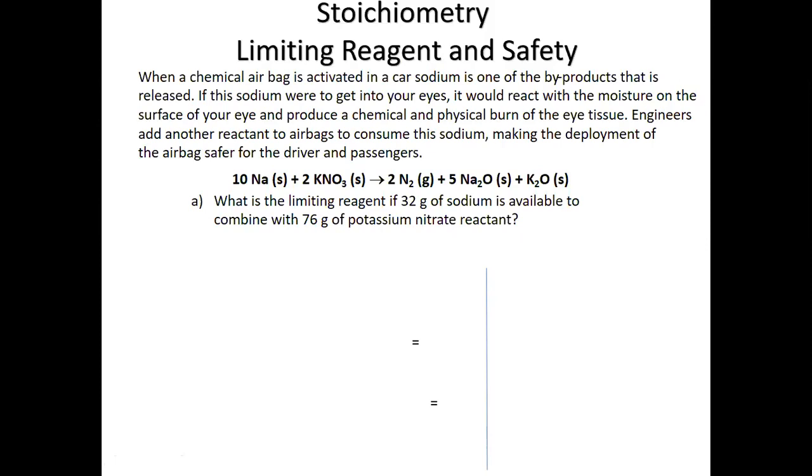And if that sodium were to get into your eyes, the moisture on the surface of your eye, that could produce like a physical burn or even a chemical burn as well, and damage the eye tissue. So engineers have come up with a way to kind of work around that by adding another chemical to consume that sodium to make the deployment or the release of the airbag safer for the drivers and the passengers.